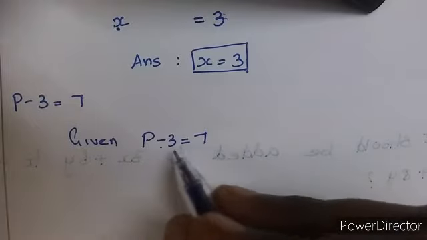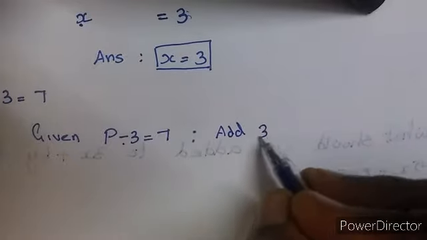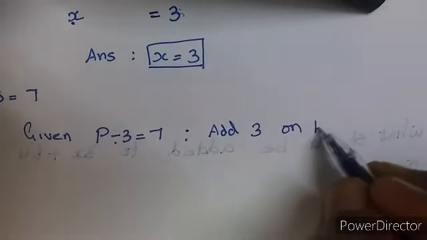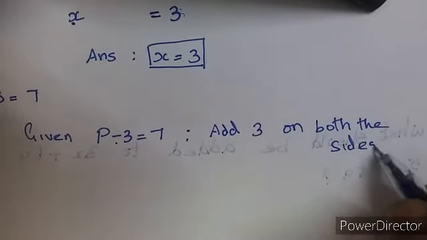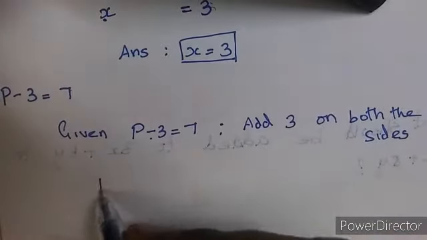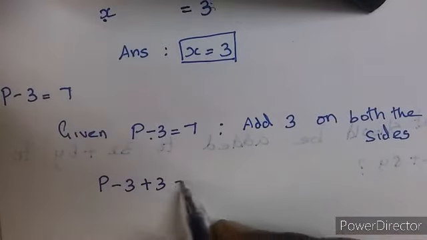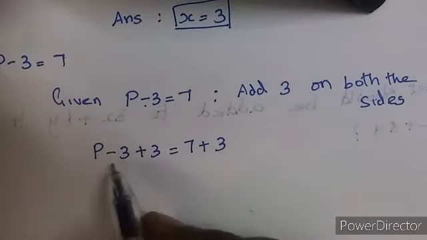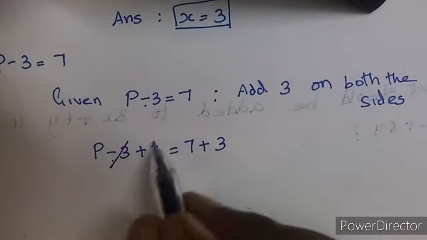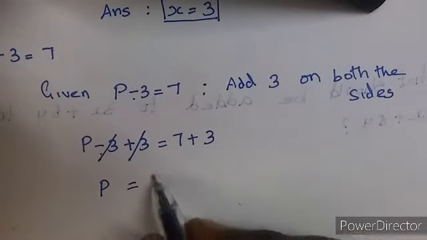Here minus 3 means add 3 on both the sides. So, here p minus 3 plus 3 equal to 7 plus 3. So now plus 3 minus 3 we can cancel. P equal to 7 plus 3.